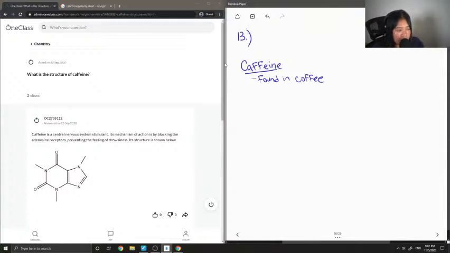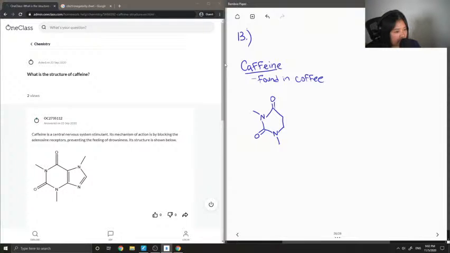Basically, I'm going to draw it out. So it contains 2 main rings. Nitrogen groups on the first ring, with just like methyl groups sticking out. This carbon has a double bonded oxygen, and same with this.